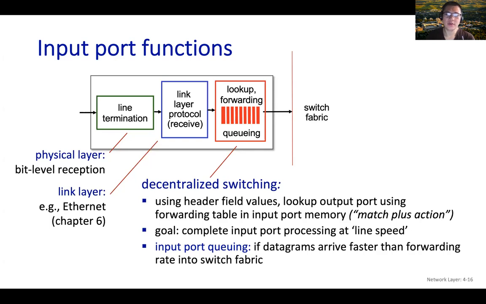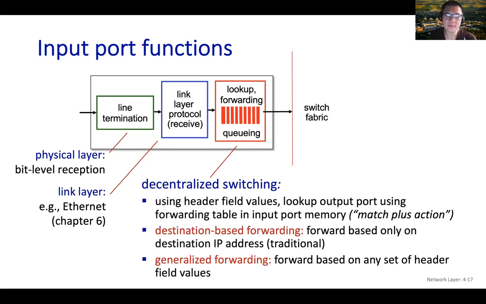For the input port queue, if datagrams are arriving faster than the forwarding rate into the switch fabric, then you have to have a queue. But in the ideal case we don't want a very full queue, right? A fully occupied queue. So you need a similar speed between the datagram arrival and the forwarding rate.